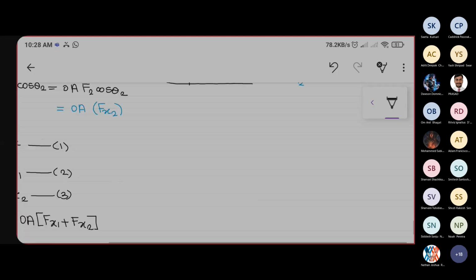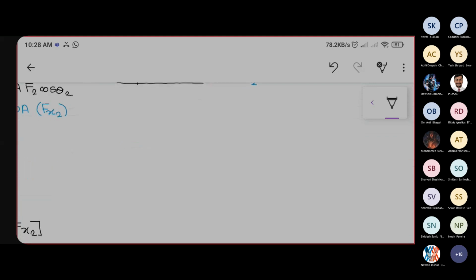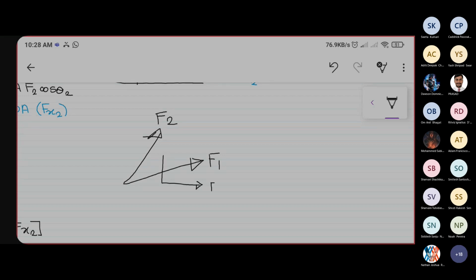Now, if you remember, when we solve any problem to find a resultant of forces like F1, F2, what do we do? We find out their Fx1, Fx2, Fy1, Fy2, right?